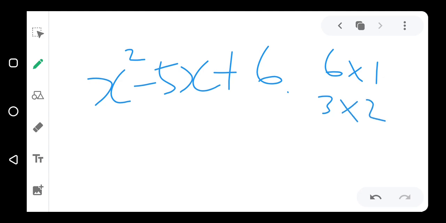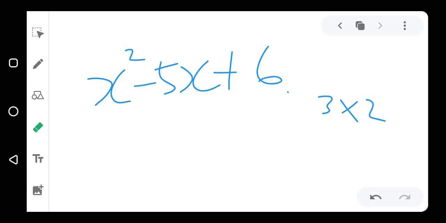We need the pair that gives 6 when we multiply them, and 5 when we add them. 6 times 1 will give us 6, but 6 plus 1 will give us 7, so this one is not the right one. Now 3 times 2 will give us 6, and 3 plus 2 will give us 5.